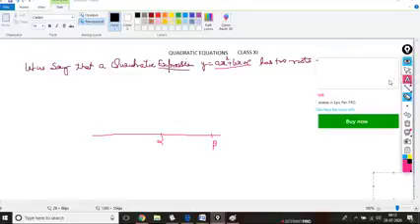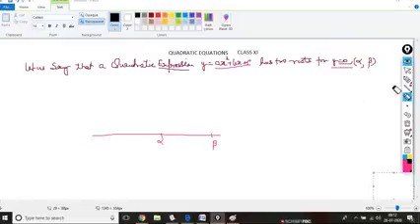We have no idea about that. Now I am also making one more assumption. I'll explain to you why I am doing that later. Let us say a is greater than 0. Just assume a is greater than 0.